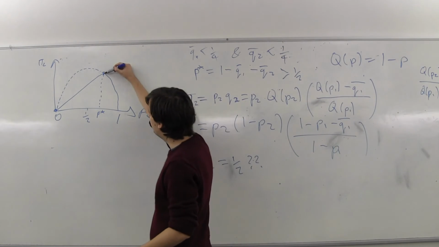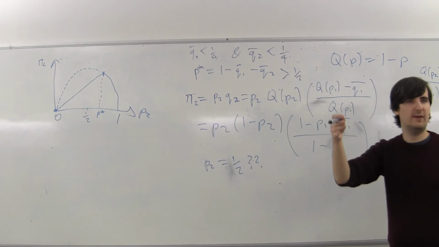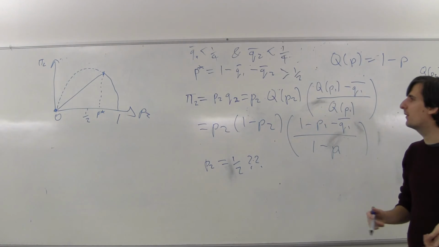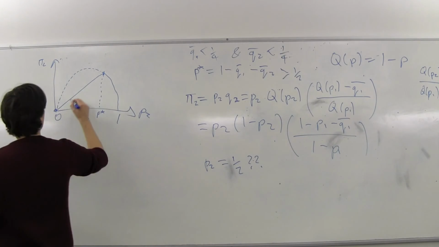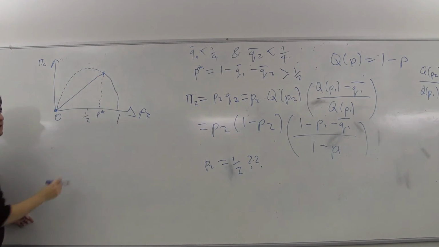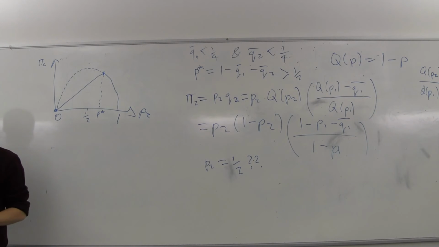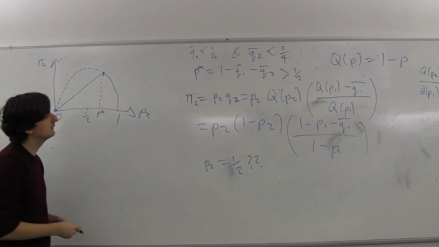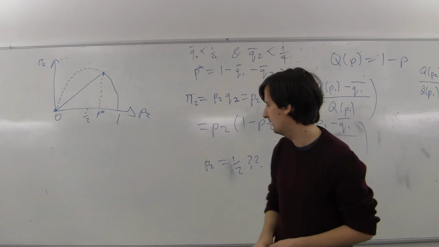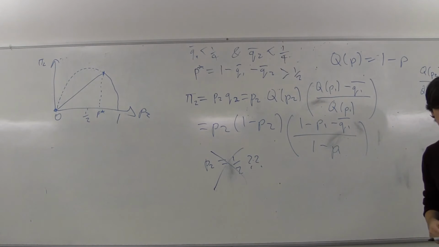If the price is below P star, their profits are just going to decrease proportionally, because their quantity is fixed. As they reduce their price, they're just decreasing their profits proportionally. So the profits of this firm look something like that. It's a straight line up to P star, and then they decline. So the best they can do is this point P star. Does that make sense? I put question marks here because it's not going to be right.